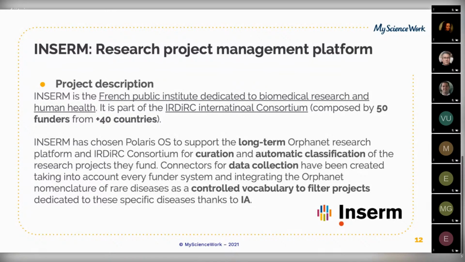So it's a very beautiful project, because we have to take into account all the different items that every nomenclature in any different country had. So Polaris was the solution to support the long-term Orphanet research platform and the IRDIRC International Consortium for curation and automatic classification of research projects that they fund.